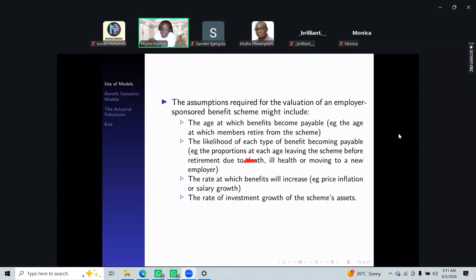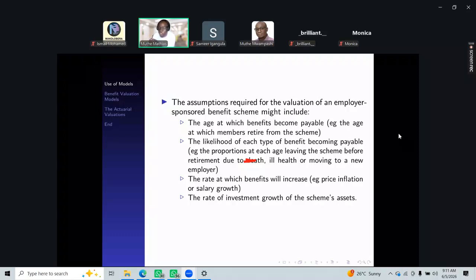And then, of course, we have the rate at which benefits will increase. Remember, we said we have increase in pension, right? So we can have increases in pensions which are already in payment, or we can have increases in pensions which are in deferment. Because sometimes the rule might say if someone leaves early from the pension plan, they will have to wait until normal retirement to be able to receive the benefit. So you have pensions which are increasing but are in deferment.